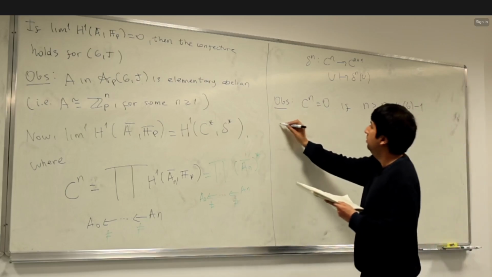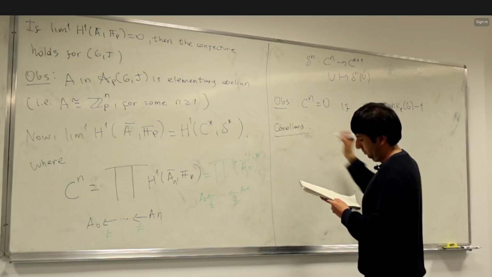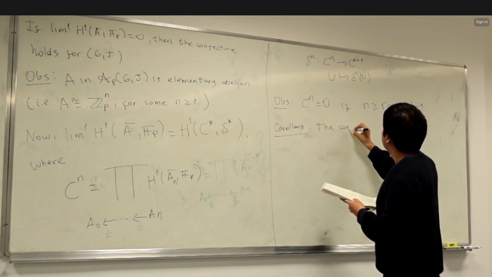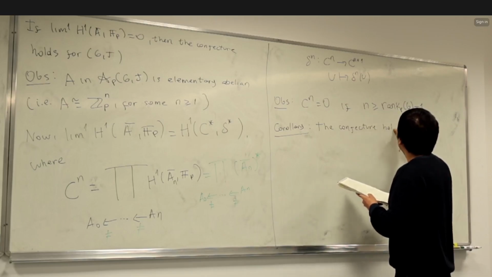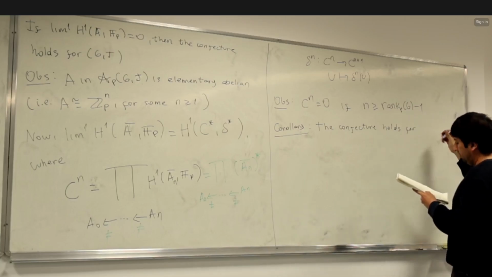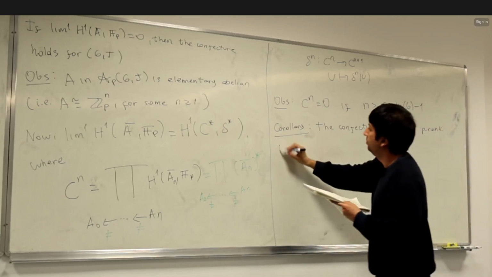So, corollary: the conjecture holds for p-rank 2 groups.